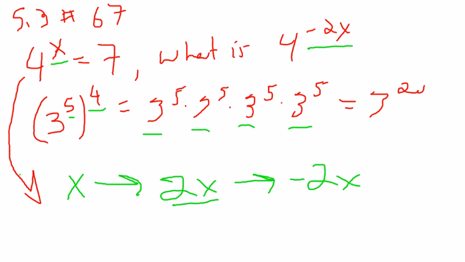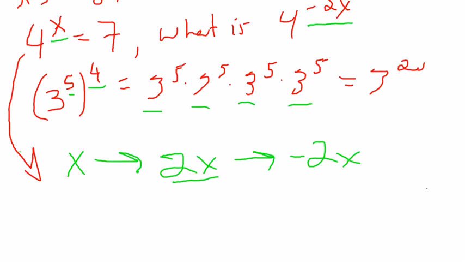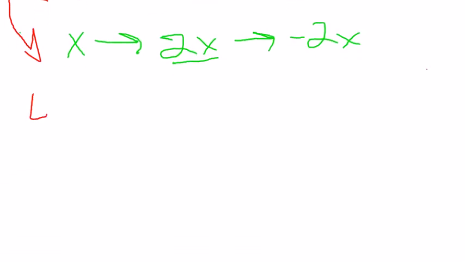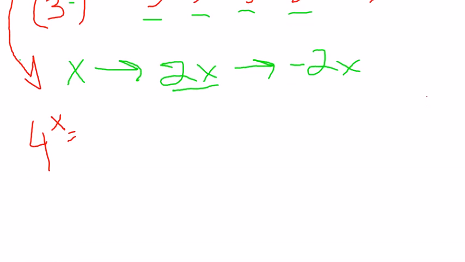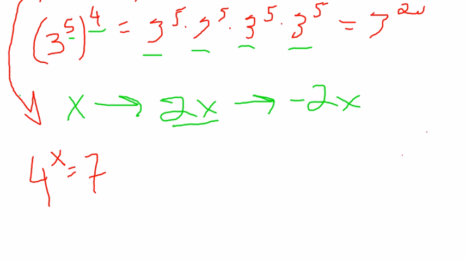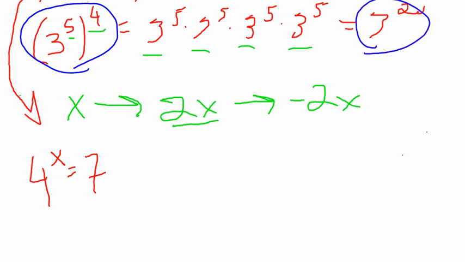So, let me come down here, and I'll rewrite 4 to the x equals, is it 7? Yep, 7. So, I'm going to use the rule that I just talked about right here. What do I multiply? So, I need to take this guy and turn it into a 4 to the 2x.